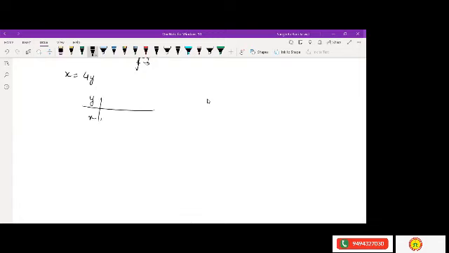If I take y to be 1, my x will be 4. If I take y to be 2, I'll get my x to be 8. If I take y as 0, my x will also be 0. If I take y as minus 1, my x is also minus 4. So let's plot this.